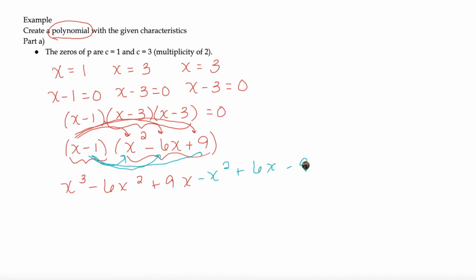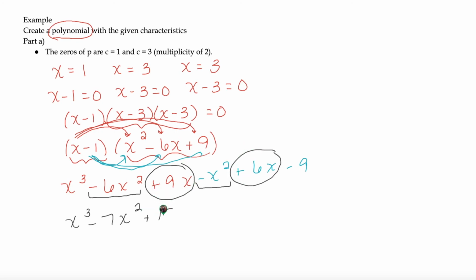And then combining like terms, I have 1x cubed minus 7x squared plus 15x minus 9 on its own. So our polynomial function is x cubed minus 7x squared plus 15x minus 9.